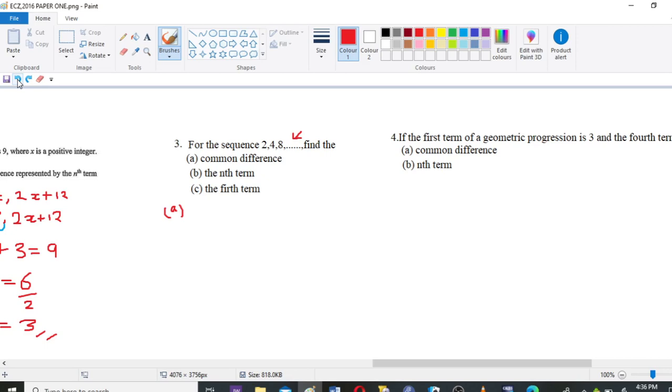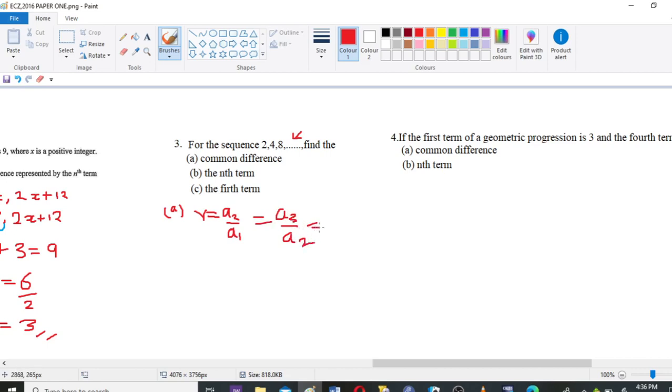What about GP? If it's GP, which is geometric progression, then the common ratio r is found by dividing the second term by the first term, or the third term divided by the second term. So suppose we have a3 divided by a2, right?